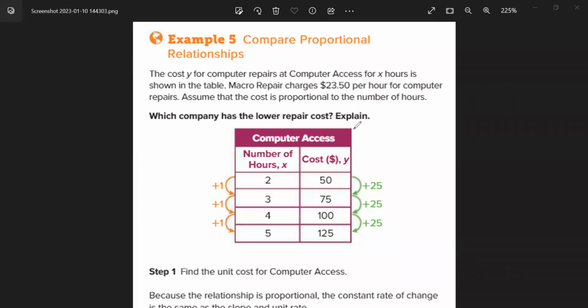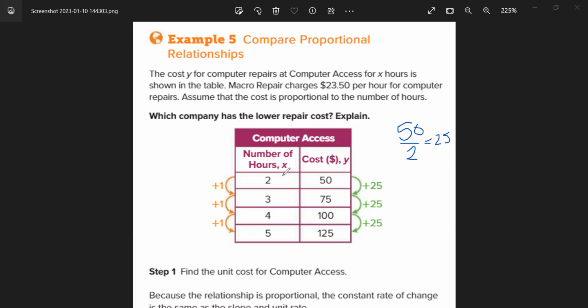So the first thing we need to do is find how much they cost per hour. We already know Macro Repair charges $23.50 per hour. Let's find out how much this company charges. It says for 2 hours at Computer Access, it costs $50. So we only have to find the unit rate, right? If it's $50 in 2 hours, we divide to find that per hour, it charges $25.